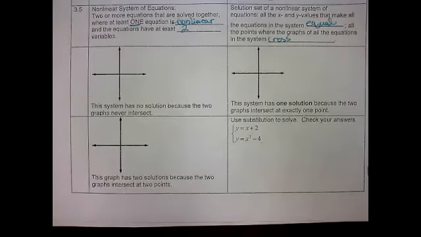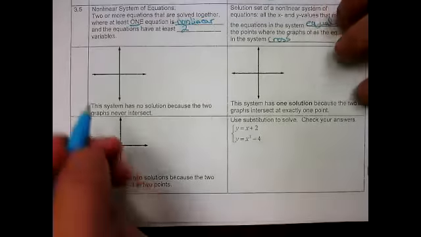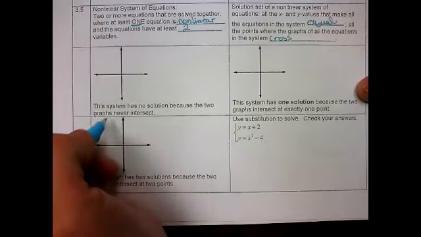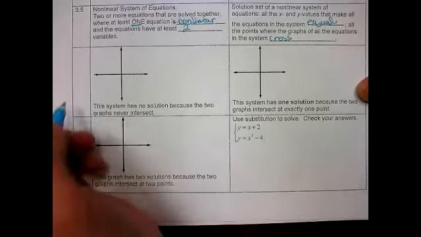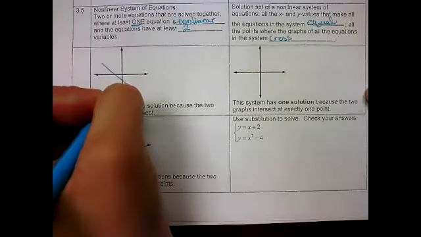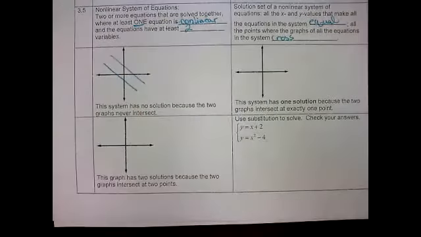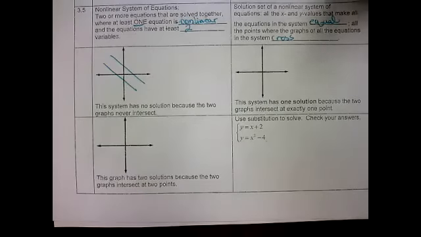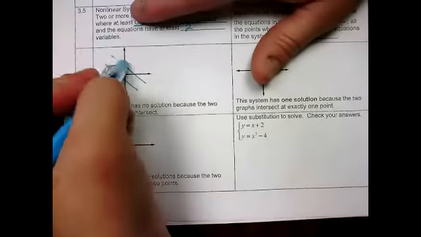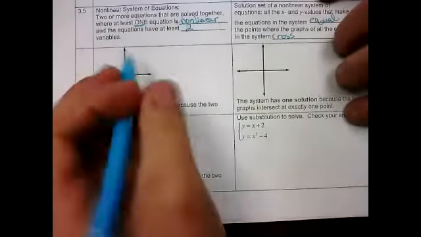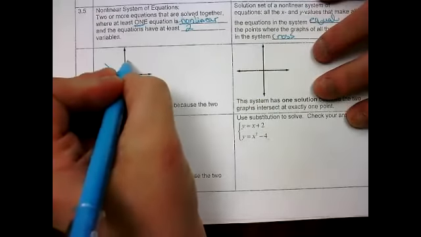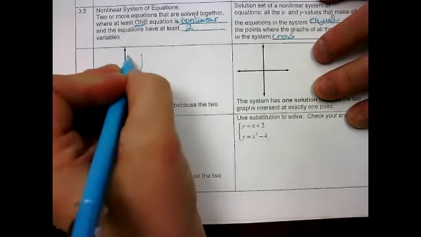All right, so let's take a look at the different options that we have. This system has no solutions because the two graphs will never intersect. So if I have parallel lines, they're never going to intersect. Now, when we were working with linear systems, it was two lines, but now it's going to be something like maybe this line and a parabola over here.